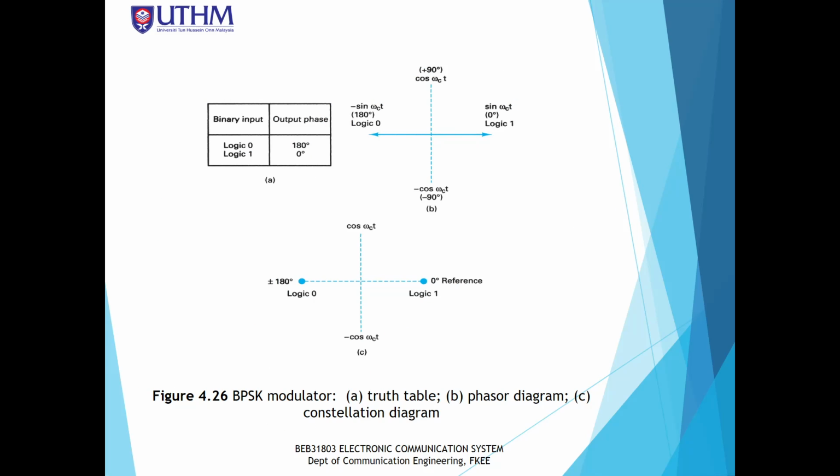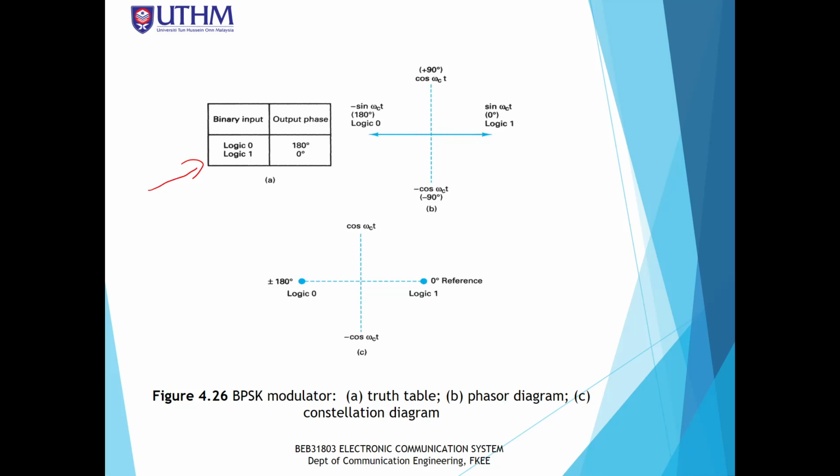Okay. So, kalau tak ada soalan, saya akan teruskan berkenaan dengan truth table, phasor diagram dan juga constellation diagram untuk BPSK. Okay. So, ada 3 jenis diagram. Yang pertama adalah truth table. So, truth table menggambarkan input dan juga output phase. Kita ada dua jenis, input logik kosong dan juga input logik 1.